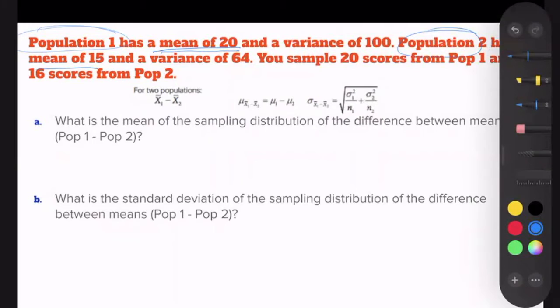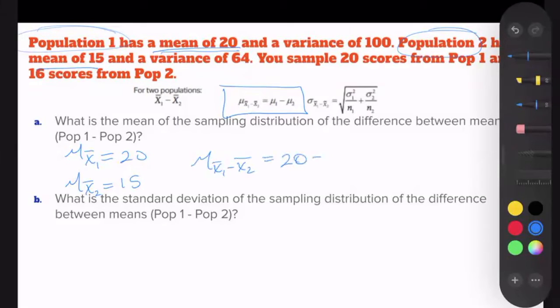So if I'm looking at this formula right here, then mu of x bar sub 1 is 20, and mu of x bar sub 2 is 15. And so if I want mu of x bar sub 1 minus x bar sub 2, then I'm literally just subtracting 20 minus 15 and getting 5.